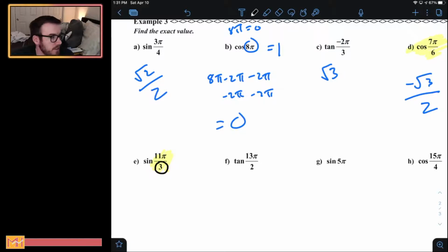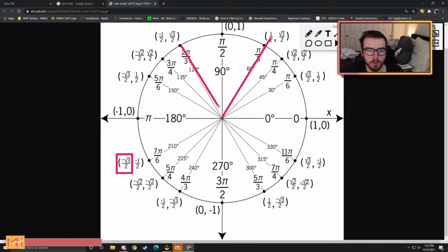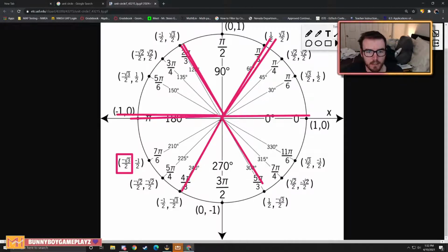So there's 11 thirds. Here's 1/3, 2/3, 3/3, 4/3, 5/3, 6/3, 7/3, 8/3, 9/3, 10/3, 11/3. So 5/3 and 11/3 are like the same angle. And what is sine for 5/3? Negative root 3 over 2.